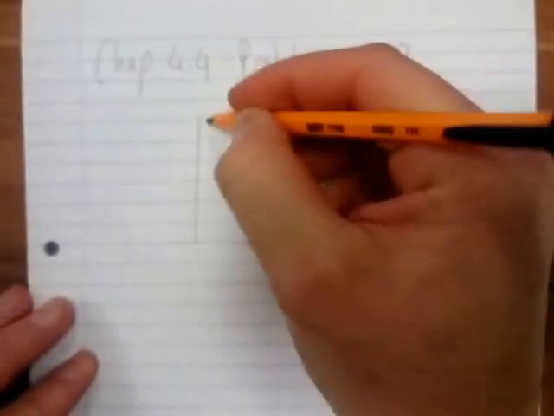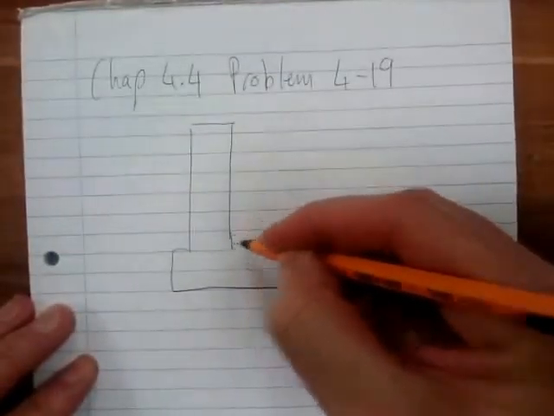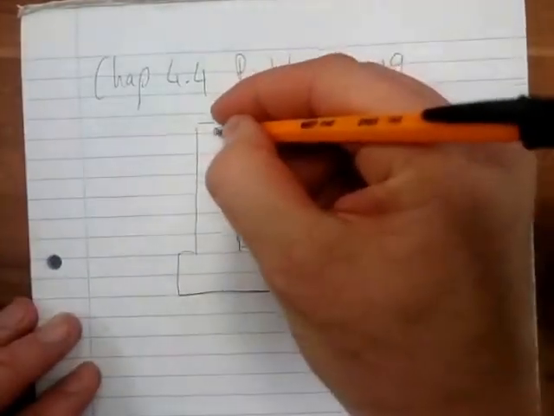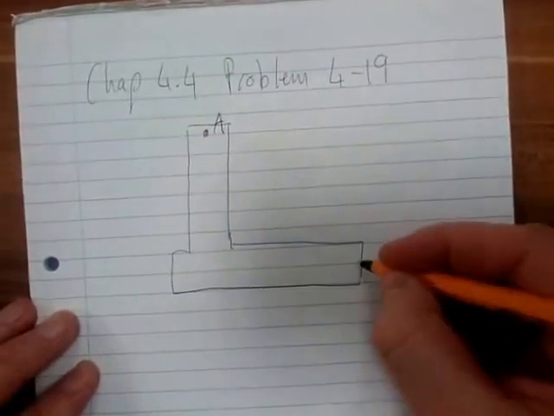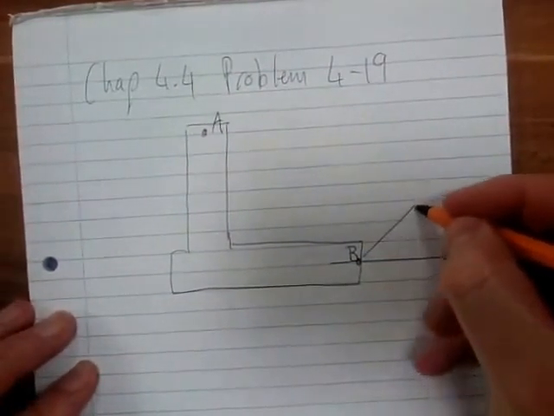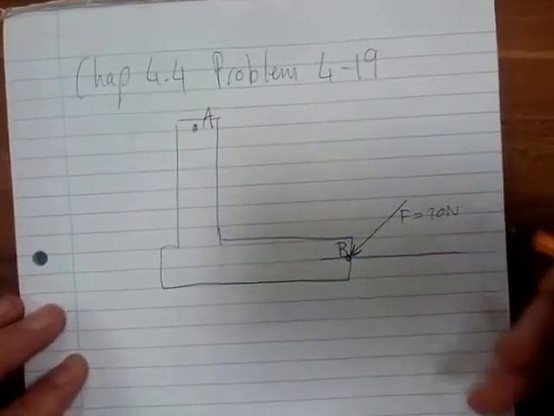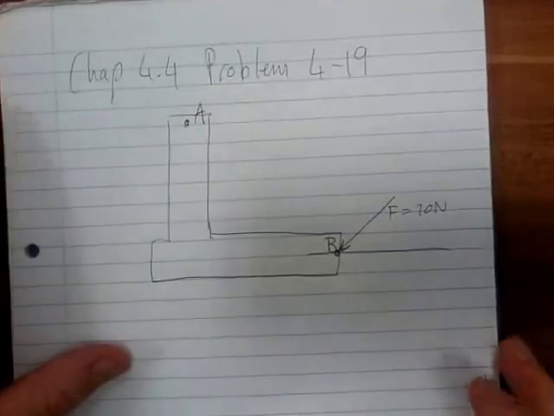Okay, so if we have a quick drawing over here, there's my point A, there's my point B, and I have this force here acting there, F, equal to 70 Newton, which is not very important to me right now.